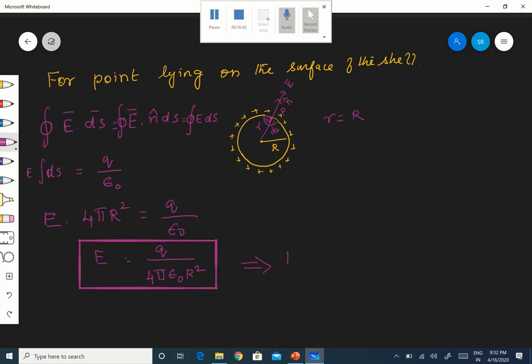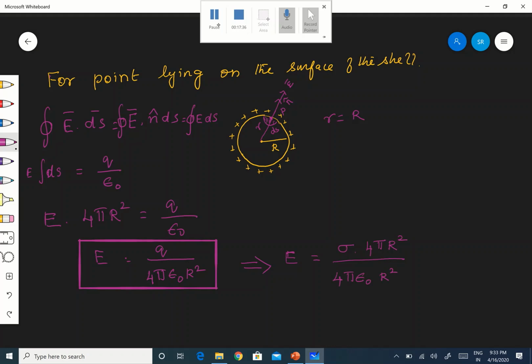Therefore you can even write E. Surface charge density sigma into 4 pi r squared is nothing but the total charge q, divided by 4 pi epsilon naught r squared.